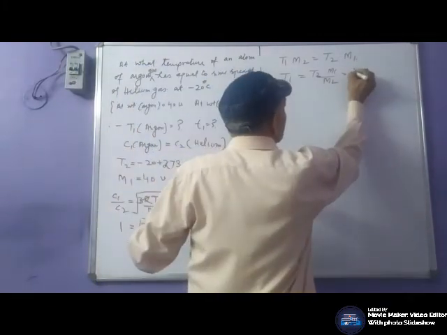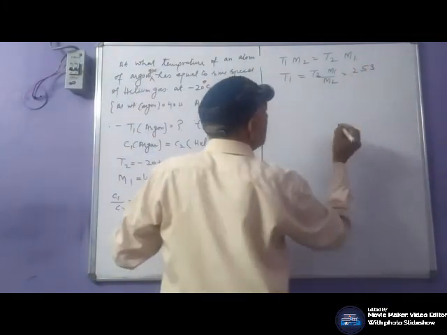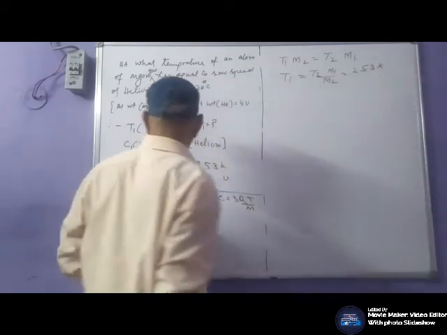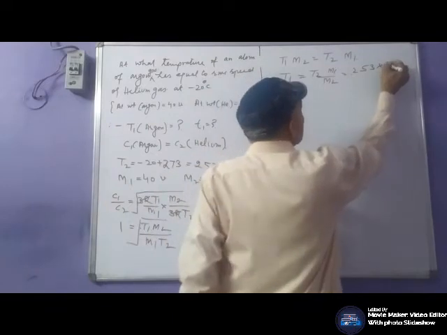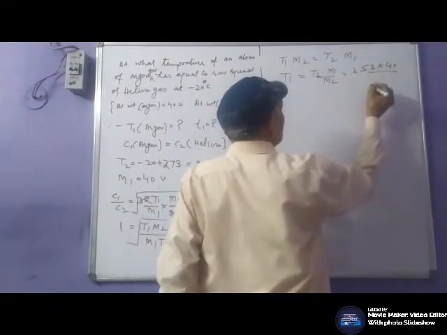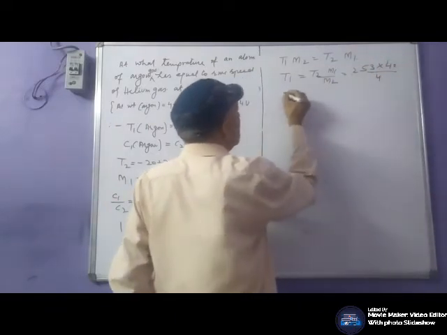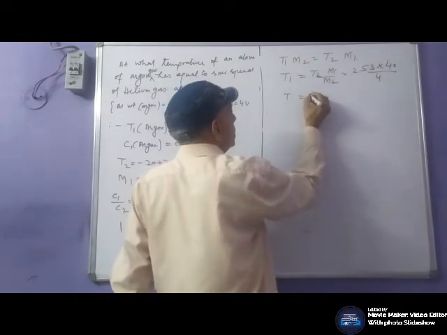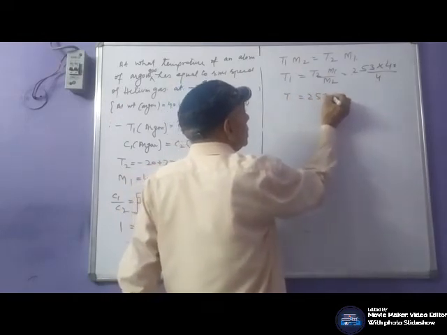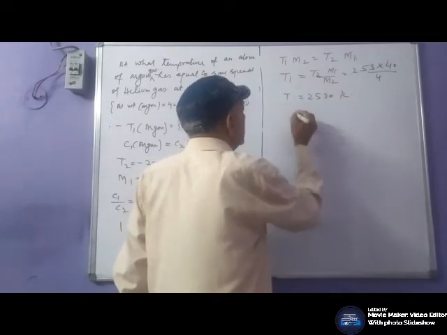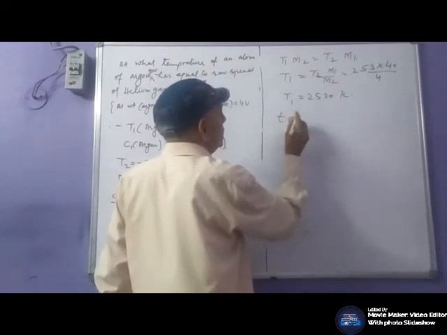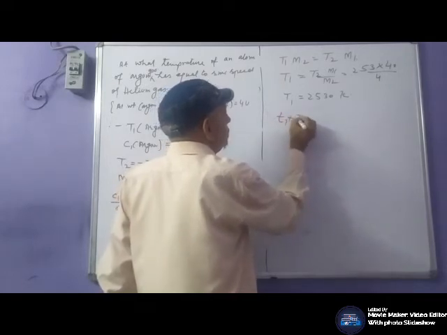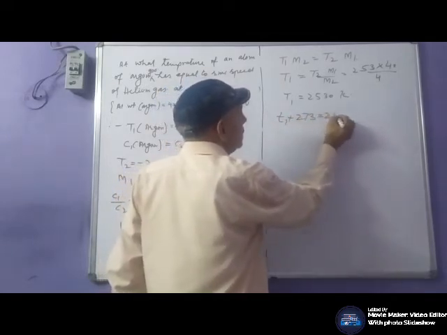T1 is 253 times M1, 40, by M2, 4. T2 is in Kelvin, or T1 in Celsius is T1 plus 273.